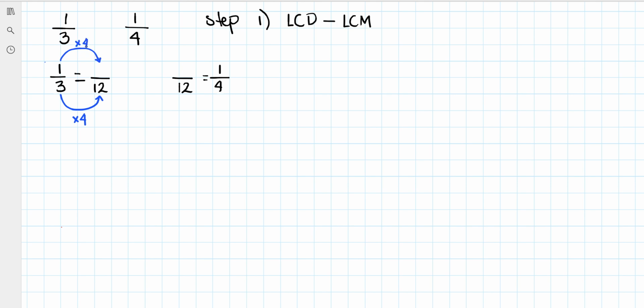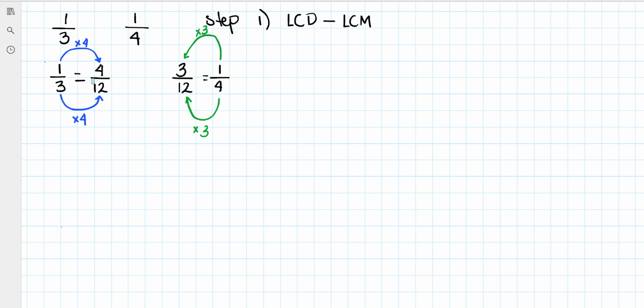So I multiply by 4, and I get 4/12. Now we do the same here. What did I do to this 4 to become a 12? I multiply by 3. So I have to do the same thing to the numerator, multiply by 3, and this one becomes 3.